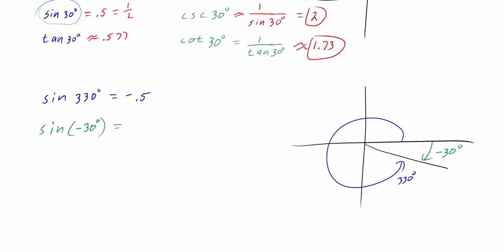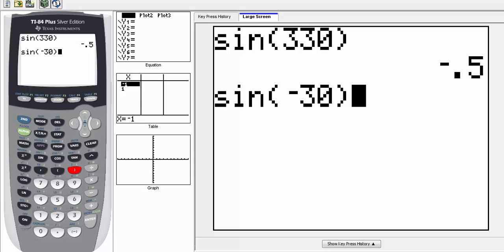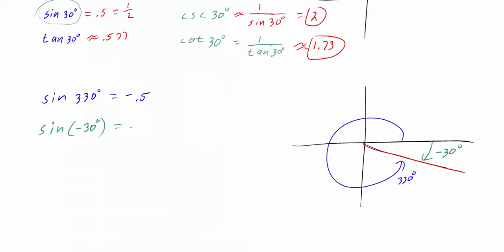They both end at this same terminal side. So if we take the sine of a negative 30 degrees, what are we going to get? Well, I hope you were able to determine this without entering it in, you're going to get the same negative 0.5 because we're ending up here at the exact same location.